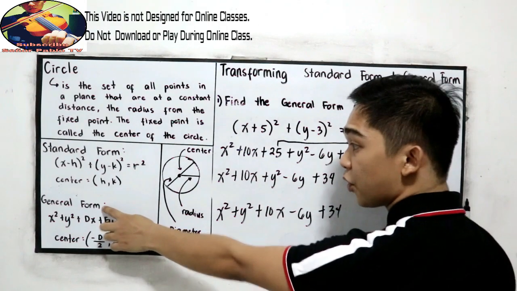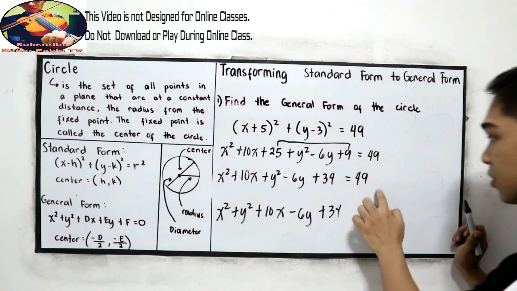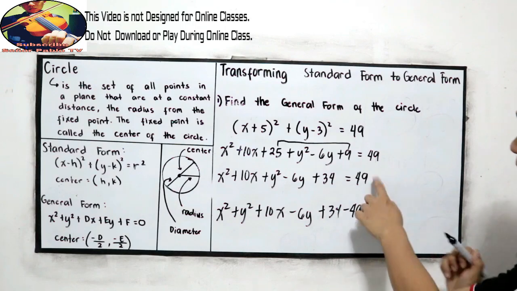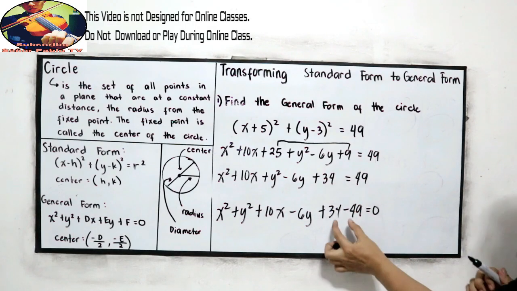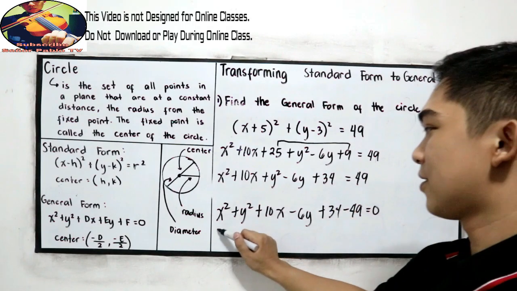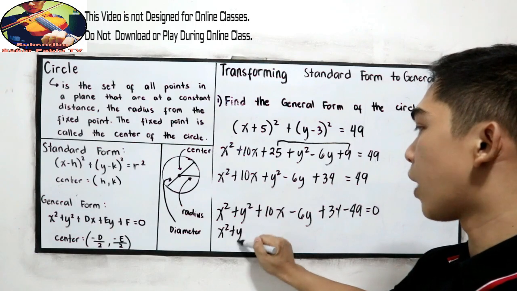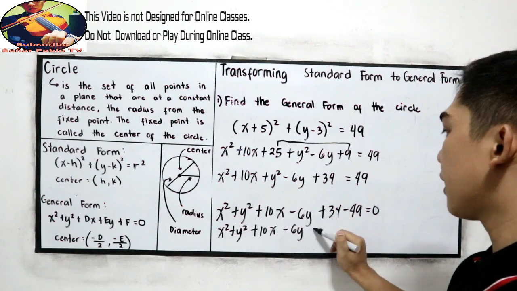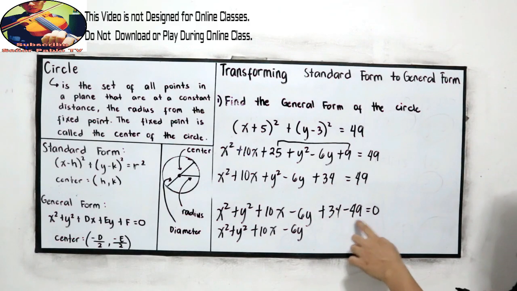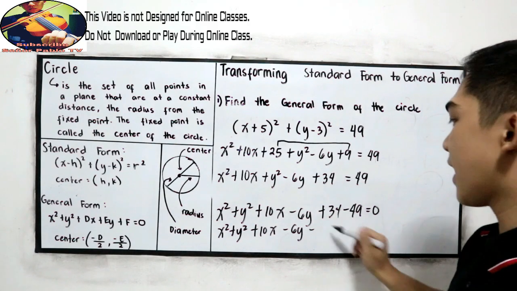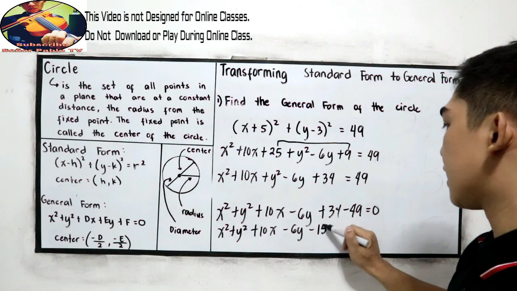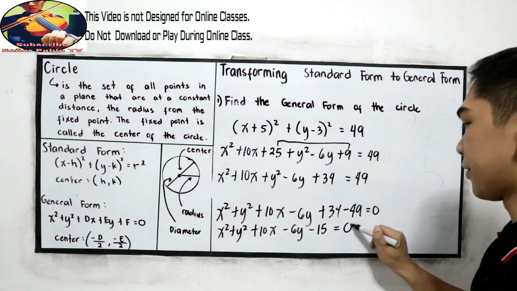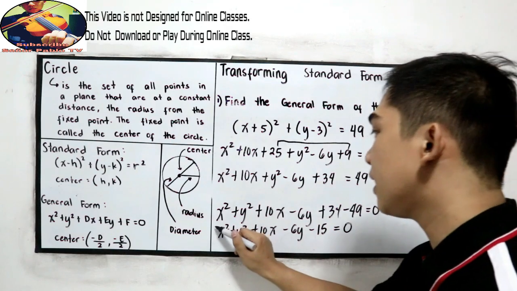In our general form, that is equated to 0. So, we need to subtract 49. Is equal to 0. Let us combine. So, x squared plus y squared plus 10x minus 6y. 34 minus 49, that is negative 15, is equal to 0.